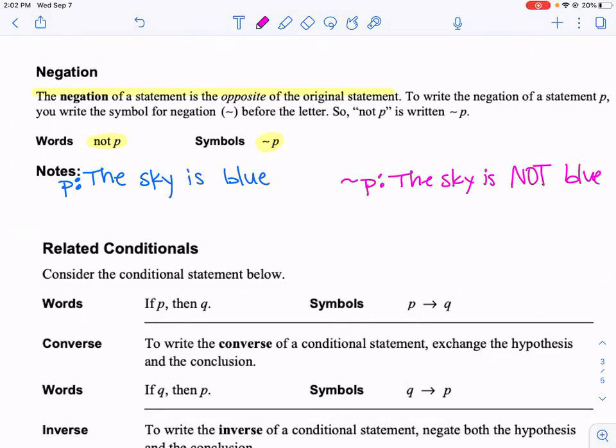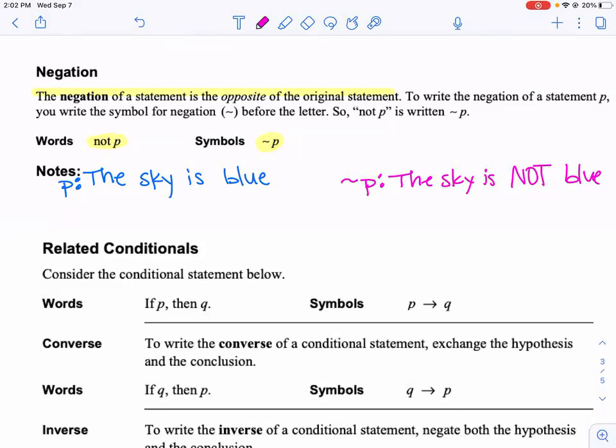His question was valid. He was asking me, do we simply put in another color to make it a not statement, or do we just put the word in not? And it's the second, we put not, okay?